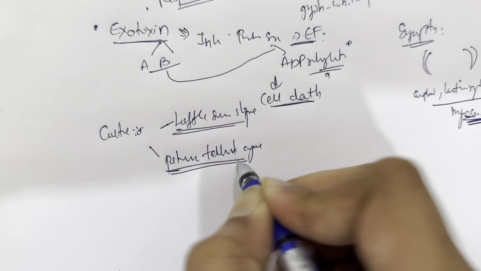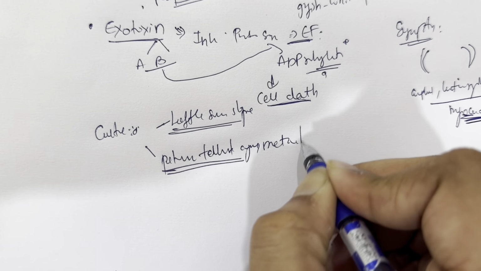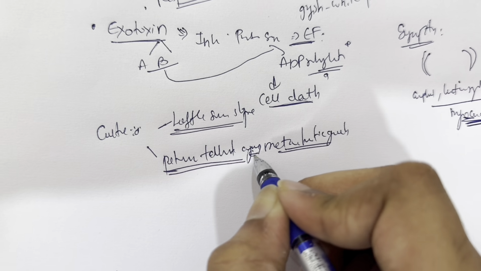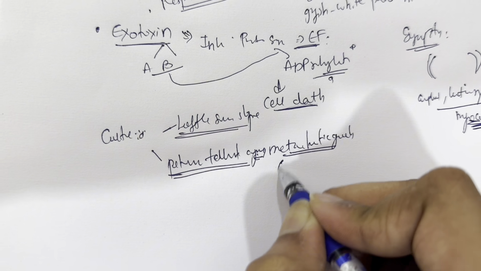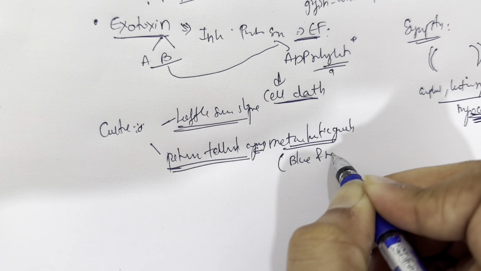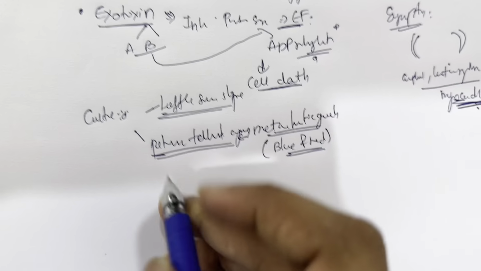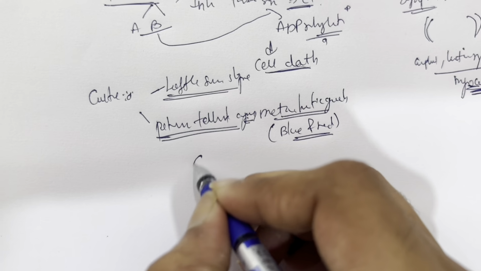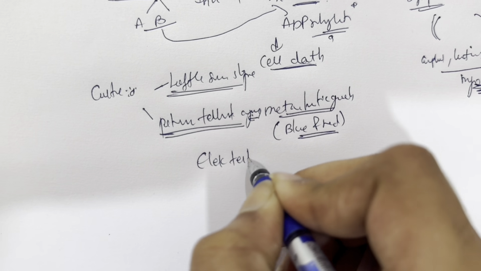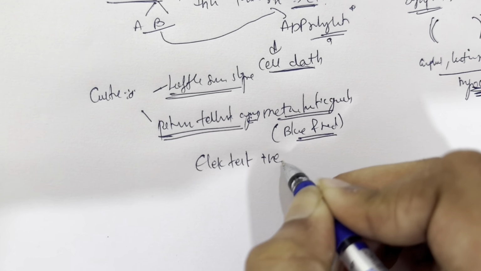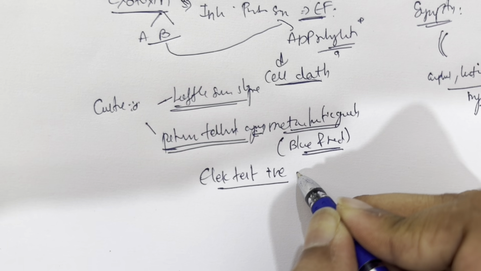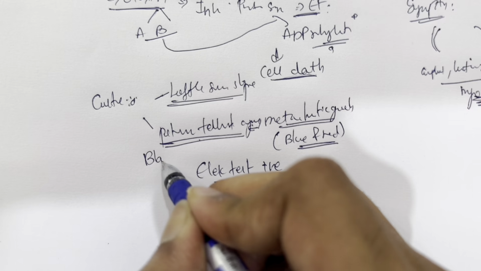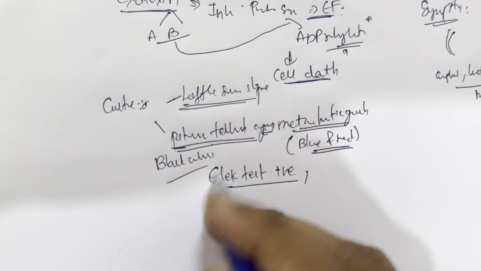On this agar we can see metachromatic granules, and the color of these granules is blue and red. The test that can be performed for diphtheria toxin is the Elek test. Elek test positive organisms are diphtheria, and on tellurite agar we see black colonies.